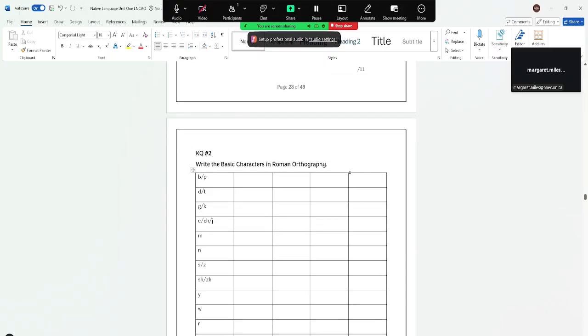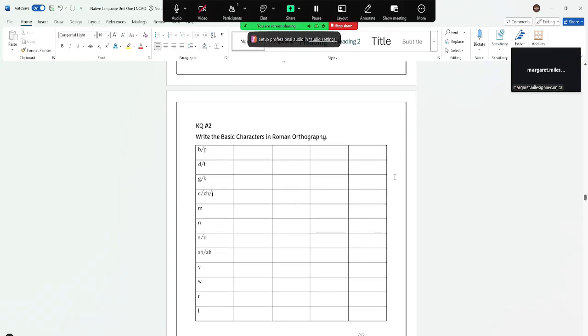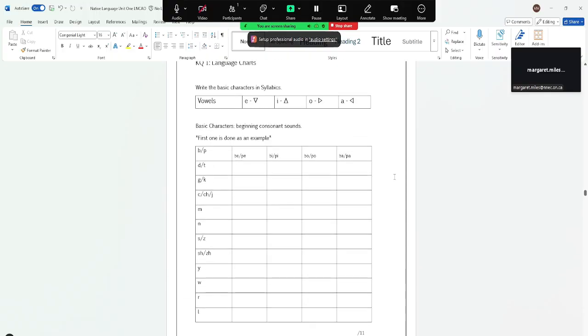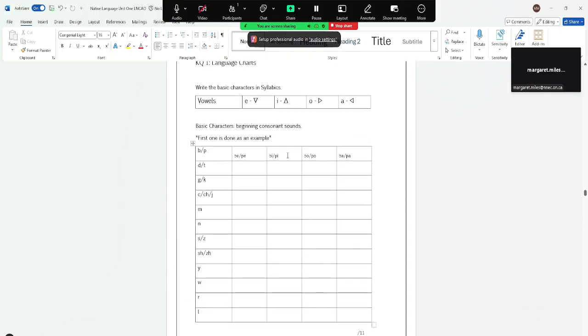Write the basic characters in Roman. On this chart here, is syllabic.